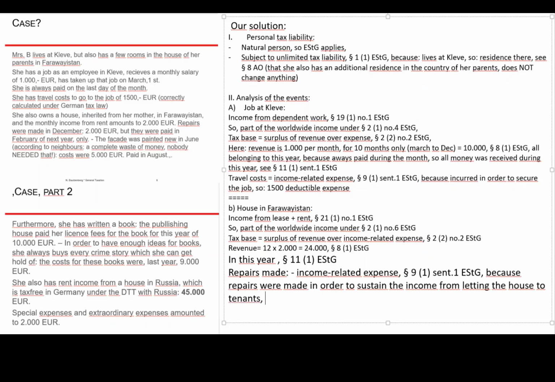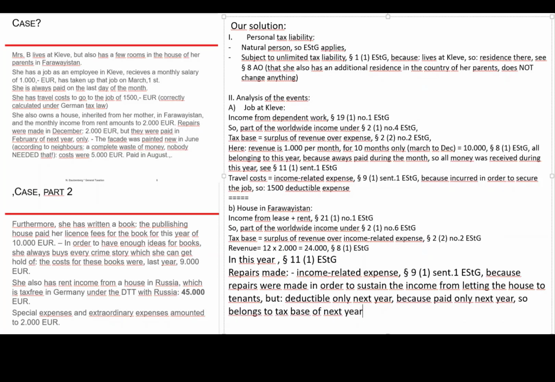Broken windows, no tenants in the long run. But deductible only next year, because paid only next year, so belongs to tax base of next year. See section 11, 2, sentence 1 ESTG. Look it up, ladies and gentlemen.